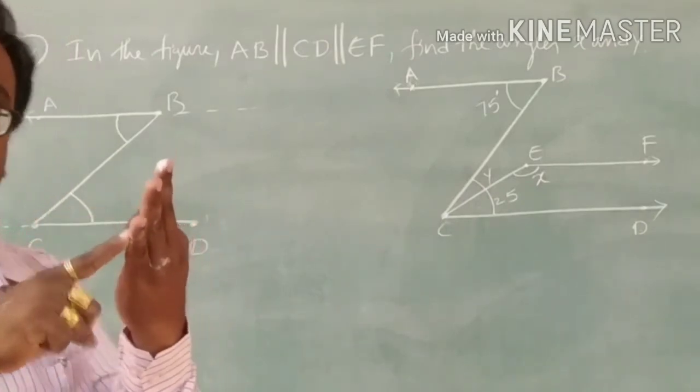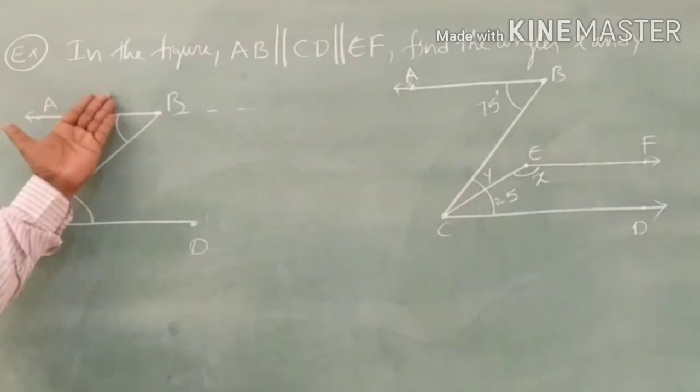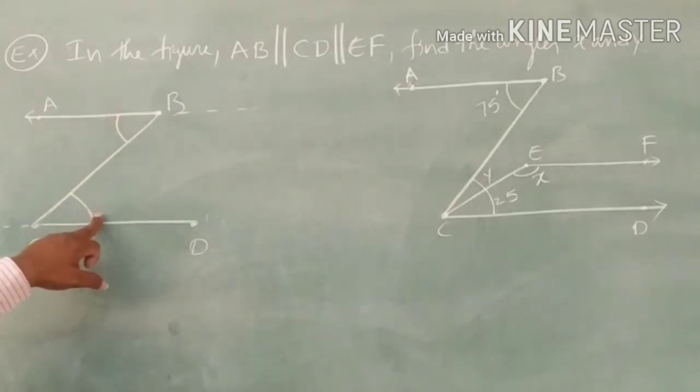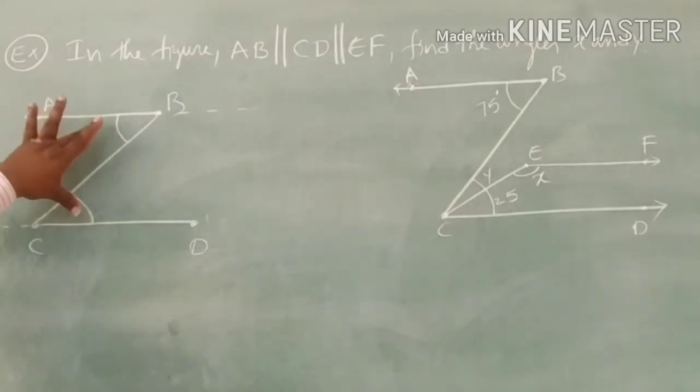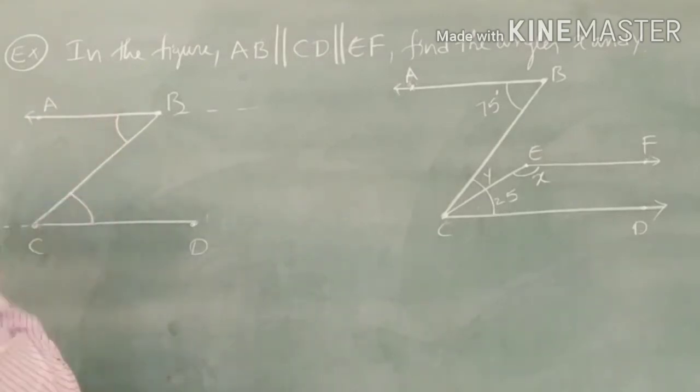Three properties. What is the first property? Both are interior. Second property, they are either side of the transversal. Third property, they are not adjacent angles. So what type of angles are they? Yes, alternate angles. So these two angles are equal.